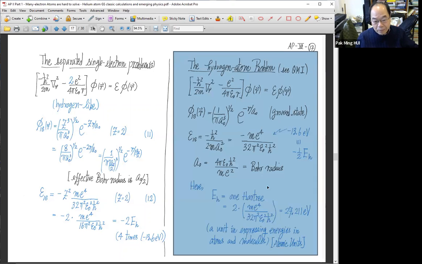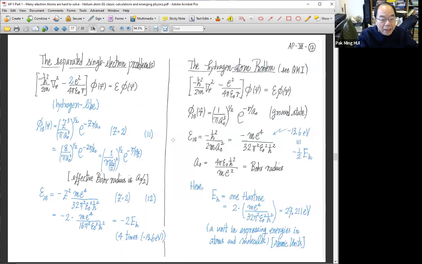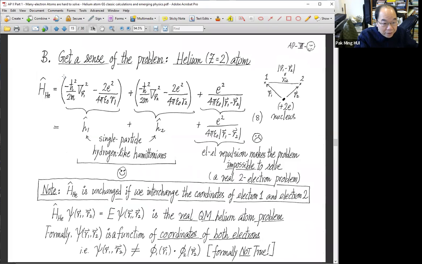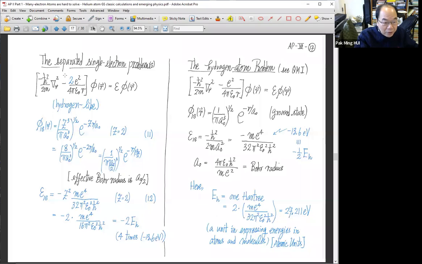Last term. Now look at our single electron problem H1. The only difference is this 2. Okay, so I have this 2 here. This is why it is called hydrogen-like. In fact, you can solve a hydrogen-like problem by inserting a Z here.